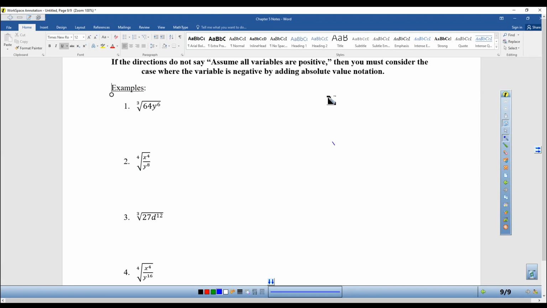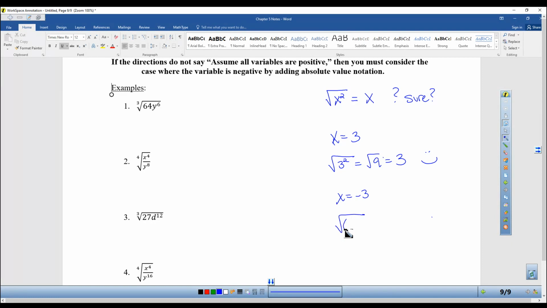Here's why. Let's say you had the square root of x squared. You might look at that and just say x. But really? Are you sure? So let's say that x is equal to 3. Then the square root of 3 squared is the square root of 9, which is 3. That totally worked. But what if x is negative 3?